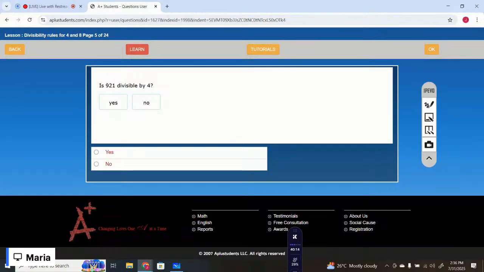Is 921 divisible by 4? The correct option is no, 921 is not divisible by 4.